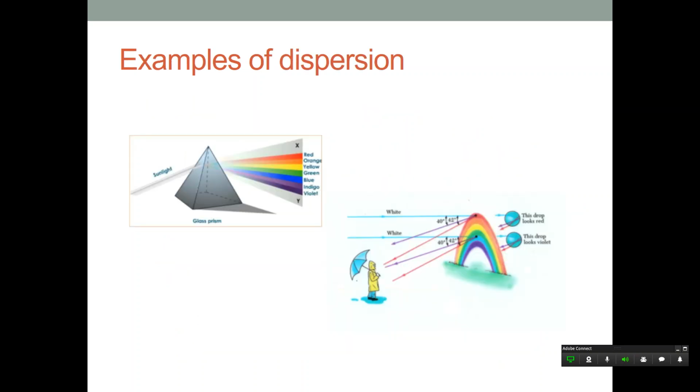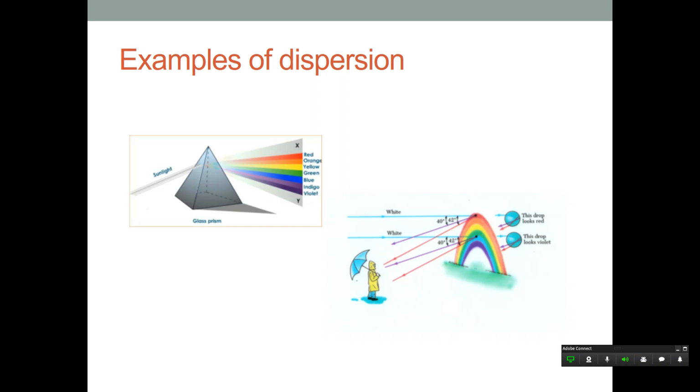Because remember, the angle of refraction has to do with the angle at which it comes in, but also the velocity of it. So if everything's coming in at the same speed and hits this prism and then refracts at a different angle because they all travel at a different speed in a different medium, then each color is going to refract differently.